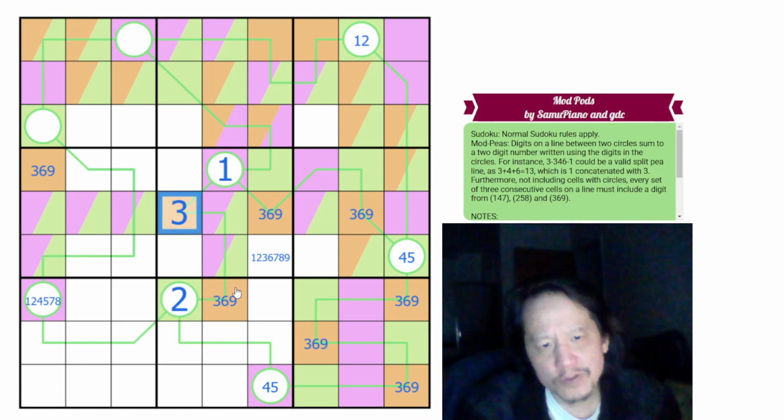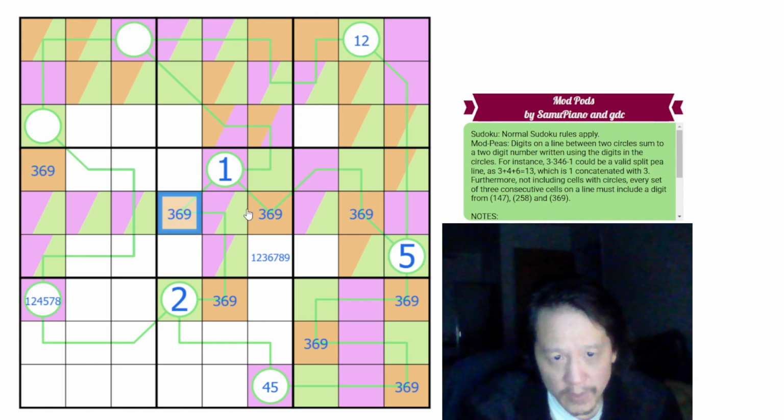This would have to be 3 and 3. This would be 15. This would have to be 6 and 9, right? This is 12. I guess it could be 3 or 6 here. If this is 12 and that's 15, this adds up to already, what, 18? Yeah, 18. So this adds up to 27.